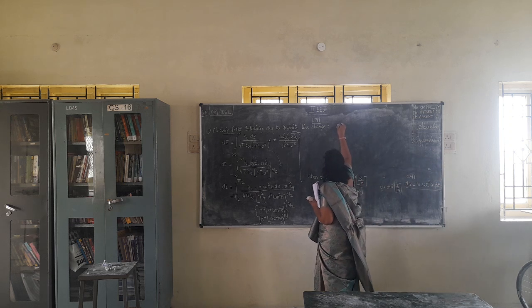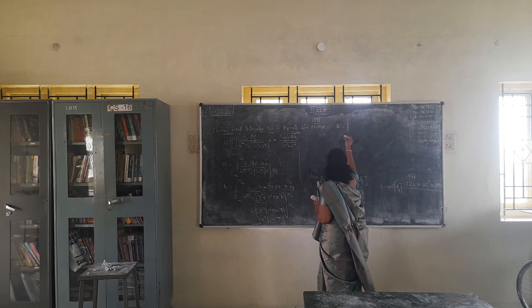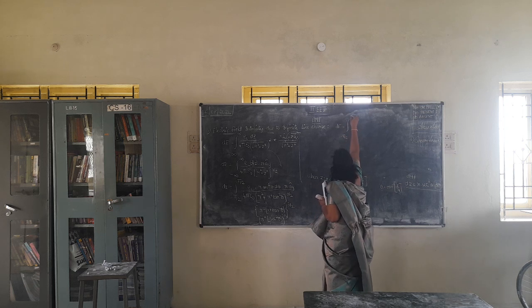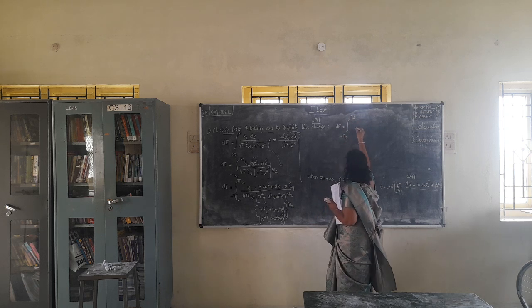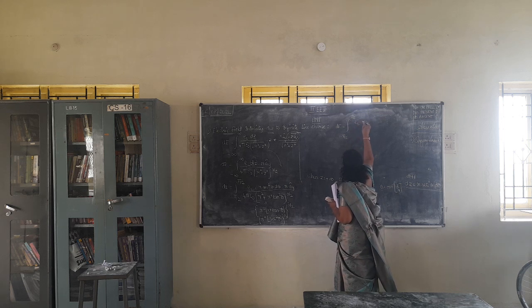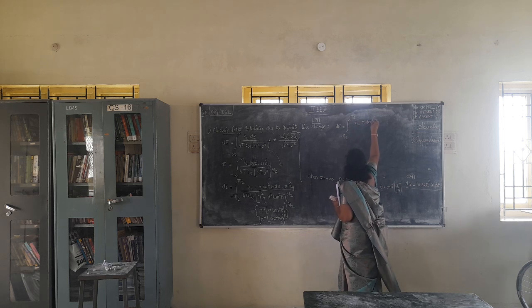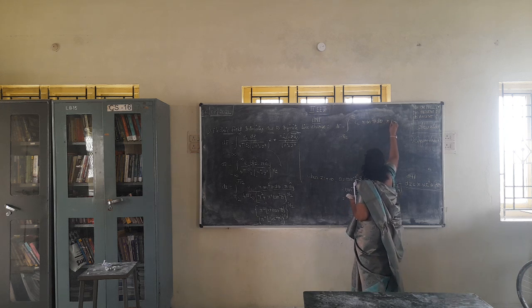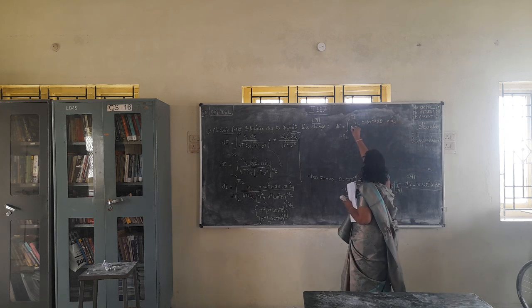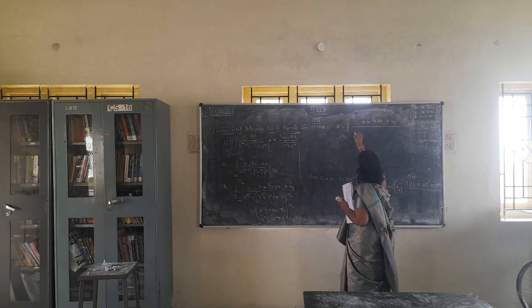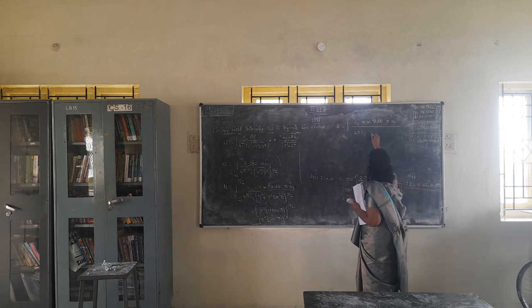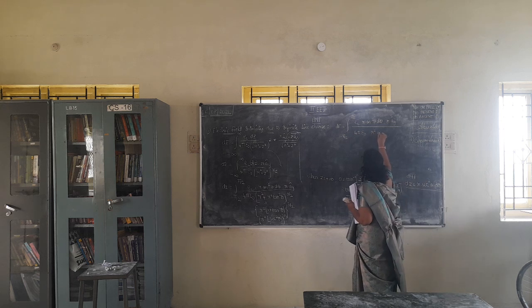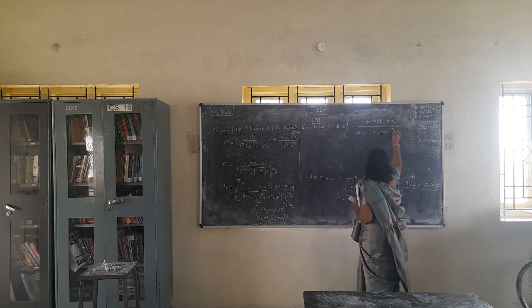So dE will be equal to minus pi by 2 to plus pi by 2, rho L r secant square theta d theta into a_r vector, divided by 4 pi epsilon naught. Finally, this r square secant square theta whole power 3 by 2.